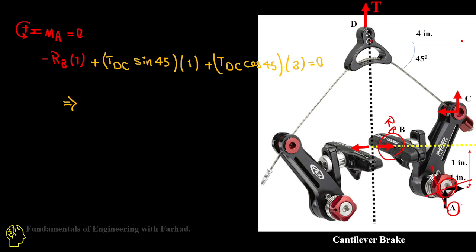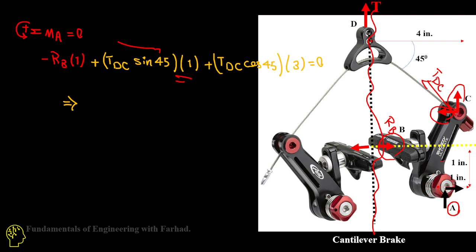By cutting the frame halfway through, we can easily calculate the translation or component of TDC and RB. So it says negative RB, due to our arbitrary direction, plus the y component, sine of TDC, times the distance, which is 1 inch.